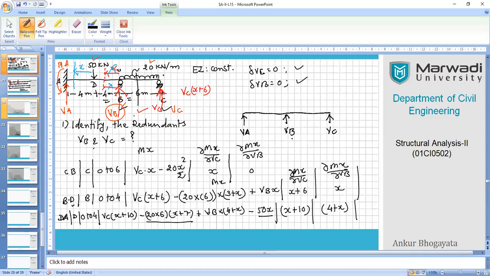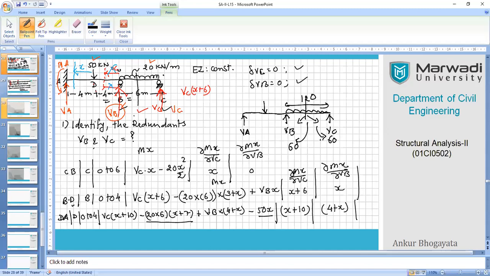If you want to understand which reaction should be maximum, you should primarily look at the loading condition first of all. If you divide this load in two equal parts, half of this total UDL, let us say 120, then at least 60 will go here, and at least 60 will again go here.